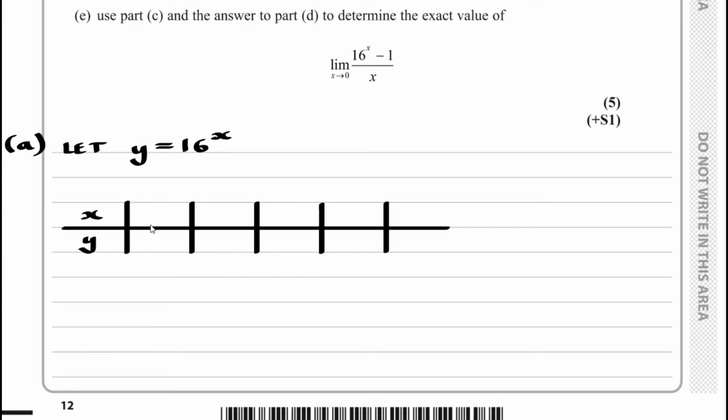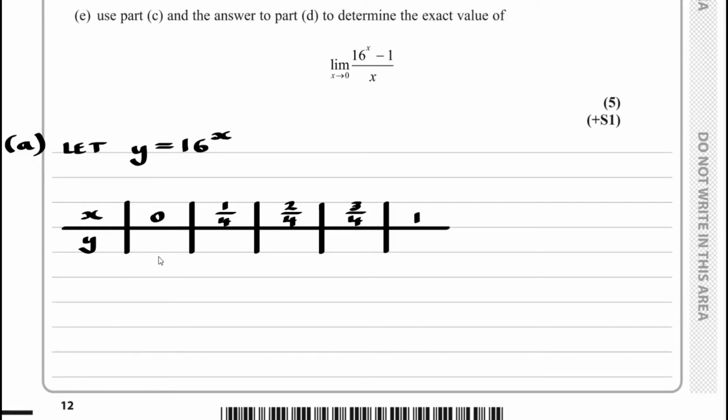Now we have 4 strips, so if we start off with x equaling 0, the next value of x we require is 1/4, the next is 2/4, the next is 3/4, and the next is 1. To find the corresponding y values, we substitute back into y equals 16 to the x.